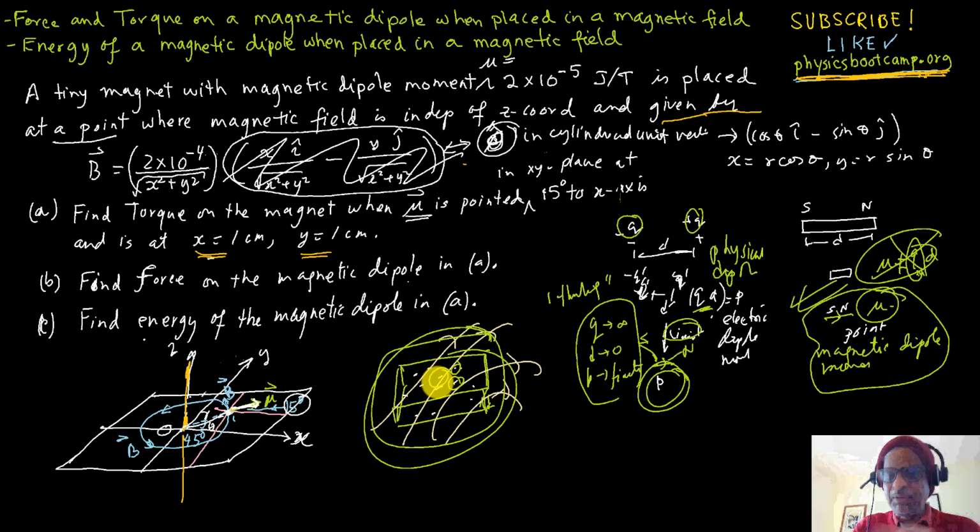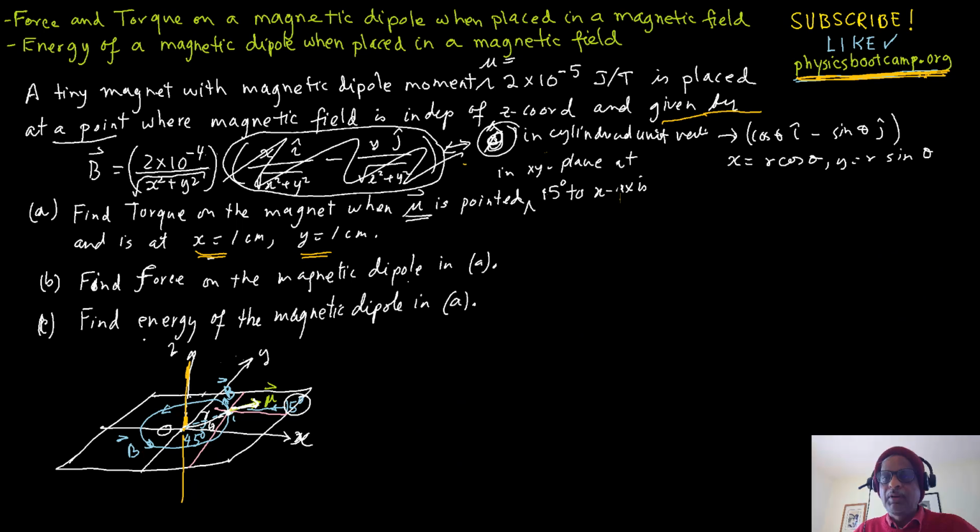It's very complicated. We're not going to go there for this problem. I just wanted to make sure that you understand what magnetic dipole moment is. Next thing you should know before you can answer this question: suppose I have the magnetic dipole mu, and B is the external B. What's the formula for torque?